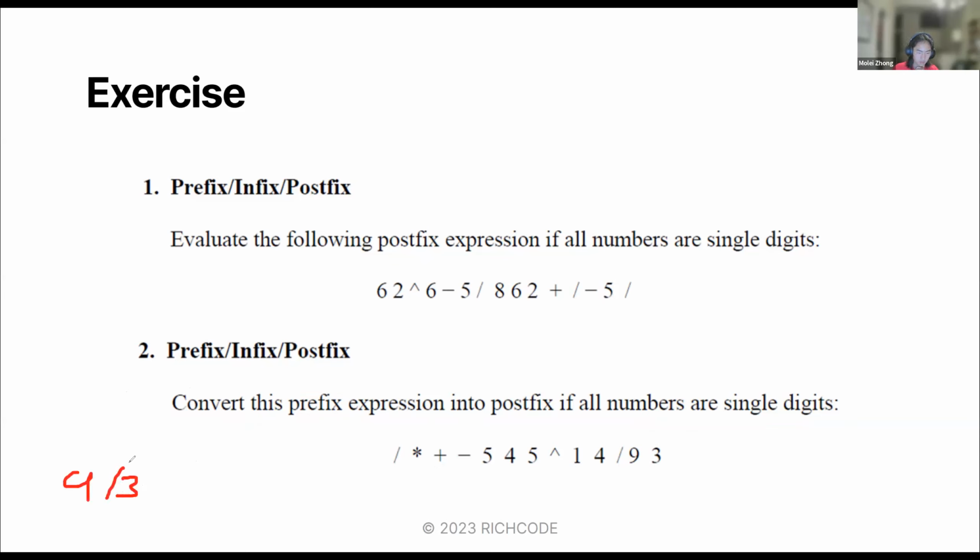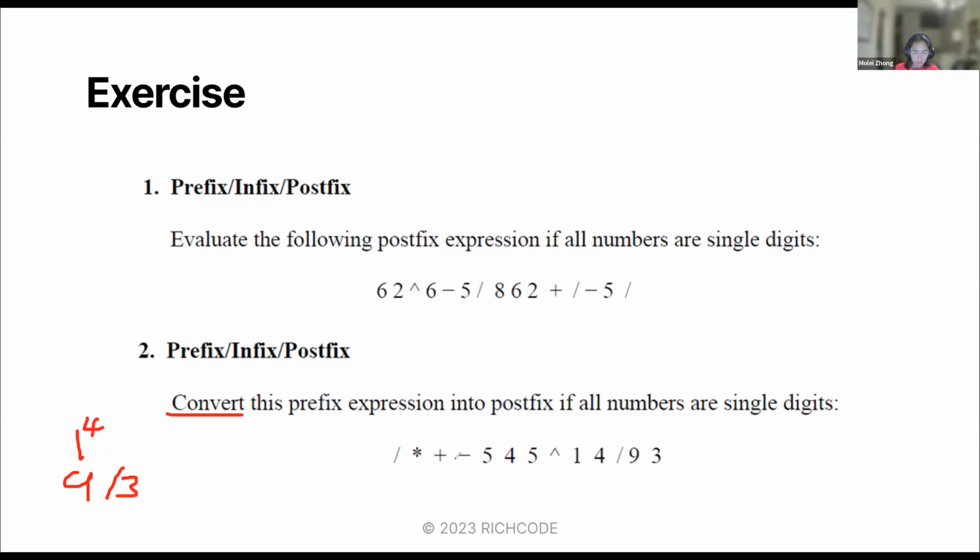And remember, we're keeping it as an expression because we're converting it, not evaluating it. So 9 divided by 3, and then we have a 4 and a 1, and this becomes an exponent, which is 1 to the power of 4. That sounds a little bit silly, but you have to keep it for the expression.